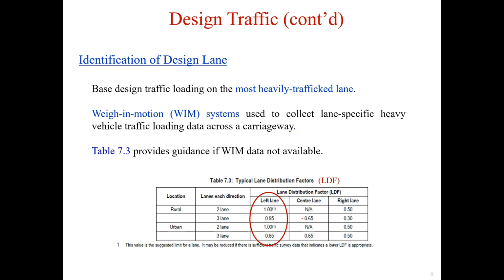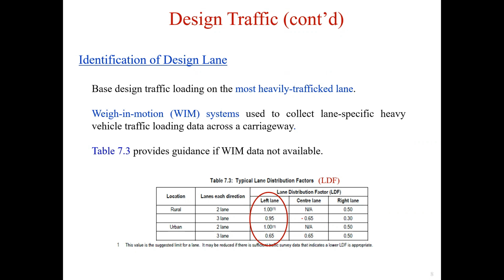Weight-in-motion systems are available, which provide lane-specific heavy vehicle traffic loading data across a carriageway. If project-specific information is not available, then the below table provides guidance on the proportion of heavy vehicle traffic loading assigned to the design lane.